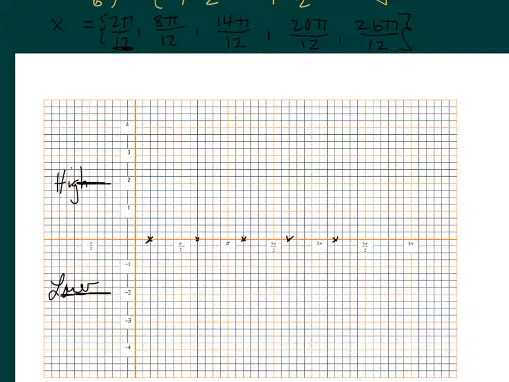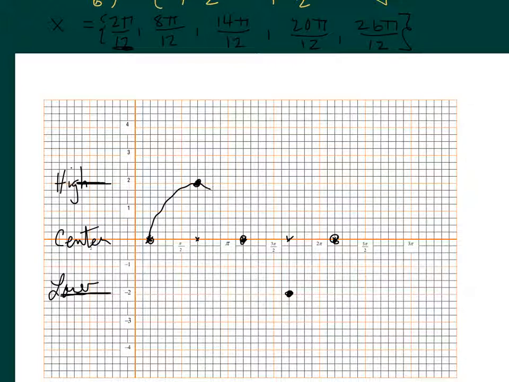The sine curve starts on the center, so this is our center, and then goes to high and center. Low would put us here, and back to center.